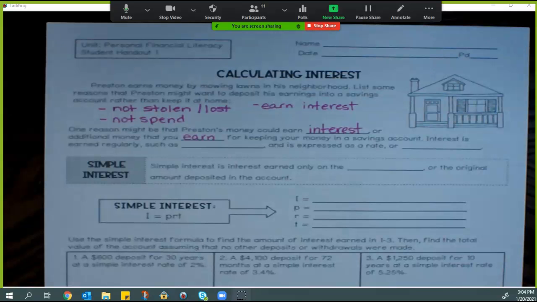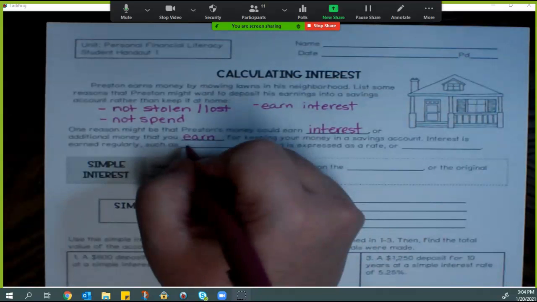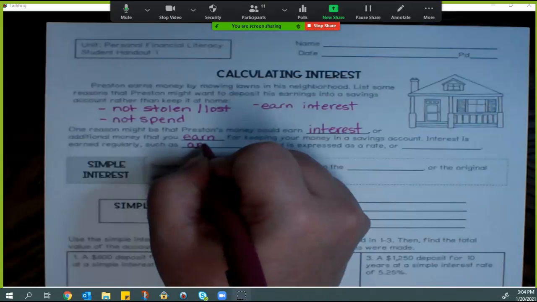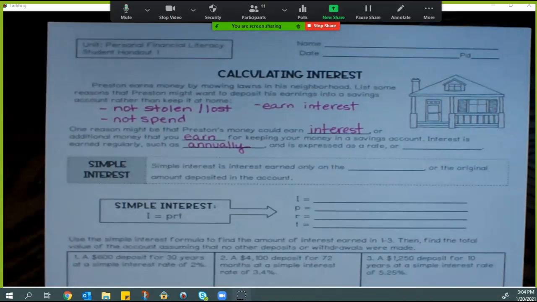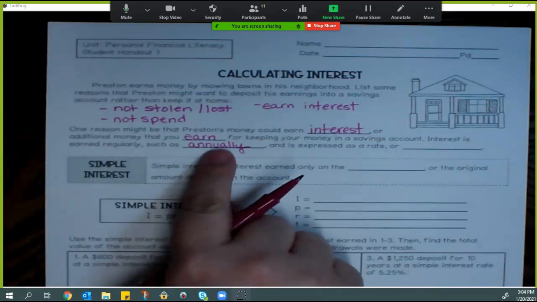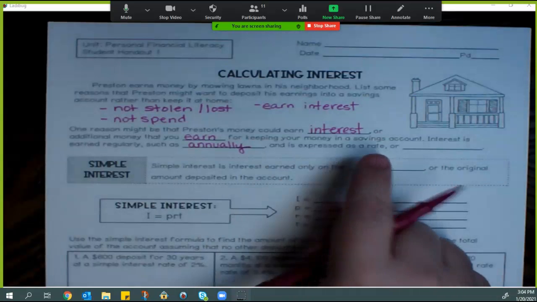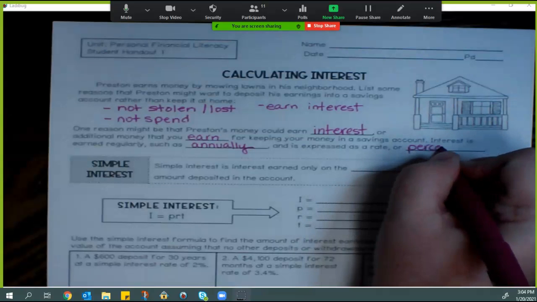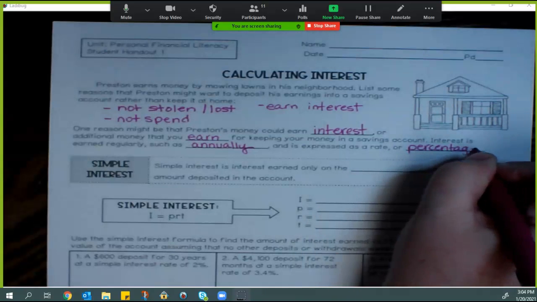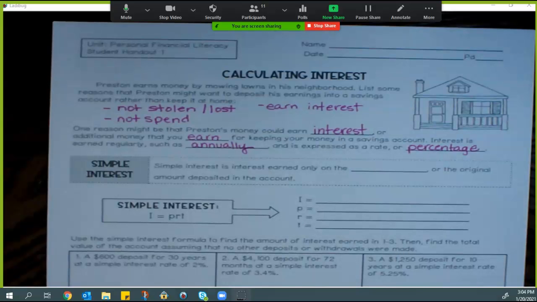Interest is earned regularly, and we usually call that annually, because remember, we're calculating this in years. Annual means 1 year, once a year. So annually, and it's expressed as a rate or a percentage. The bank's going to give you an offer of a percentage rate.